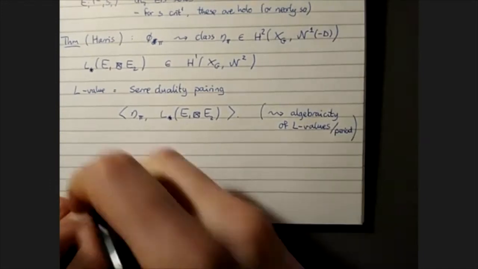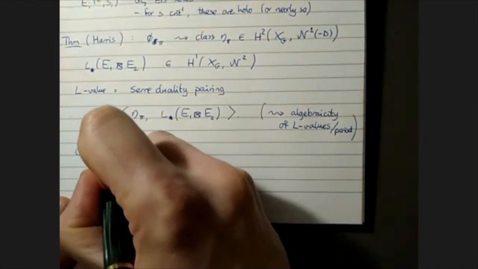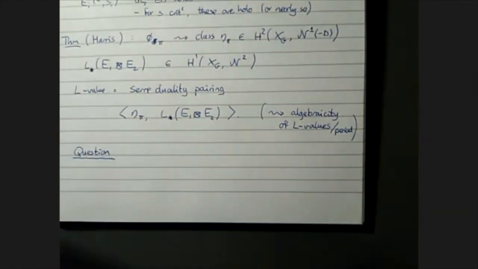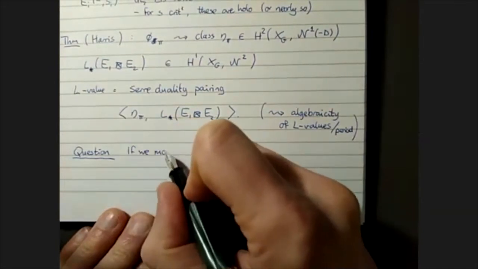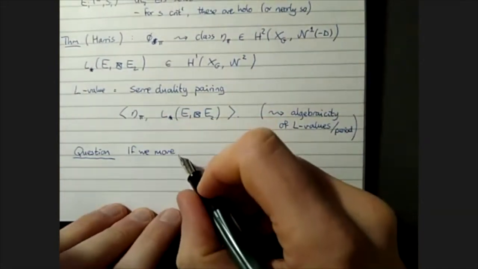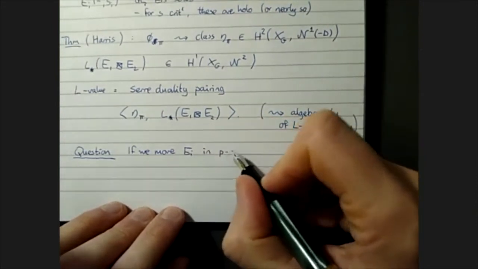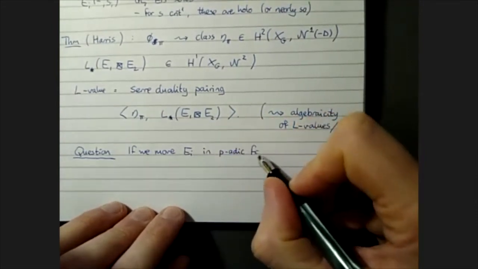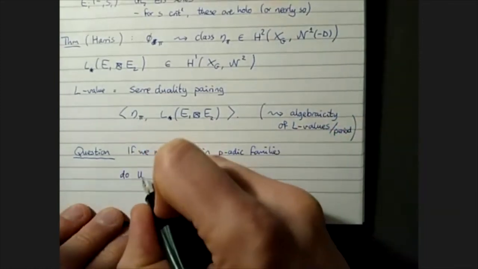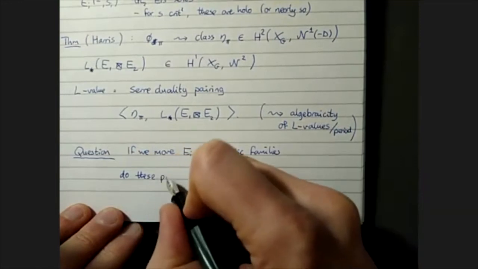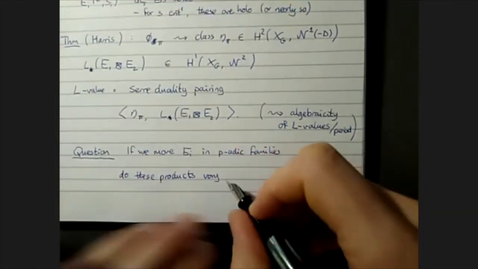And here's the question. If we move the E_i in p-adic families, do these products vary p-adically?